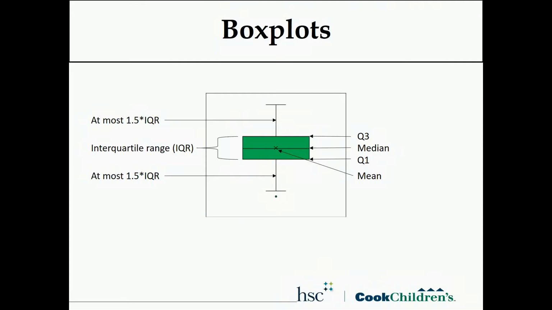That's, I think, an arbitrary cutoff, but what they've used is that if it's 1.5 times greater than the box, then it's going to be considered an outlier. If there's no value that's as high, if the maximum value, for example, is below 1.5 times the interquartile range above Q3, then the horizontal line at the end of the whisker is just going to be whatever that maximum value is.